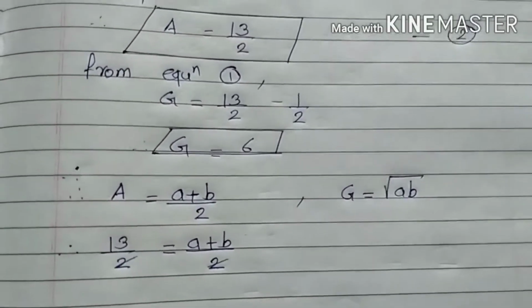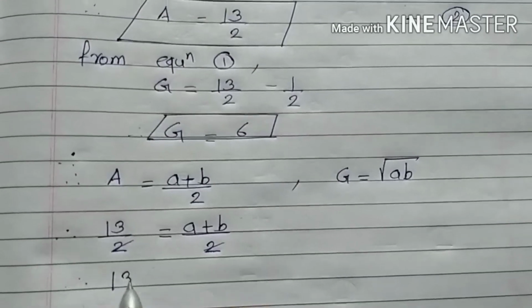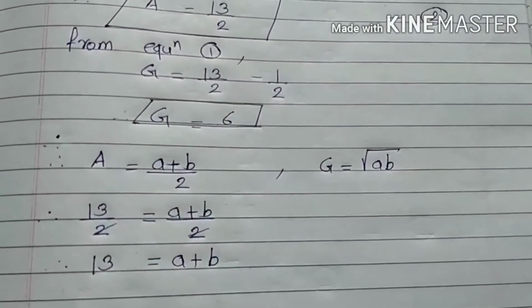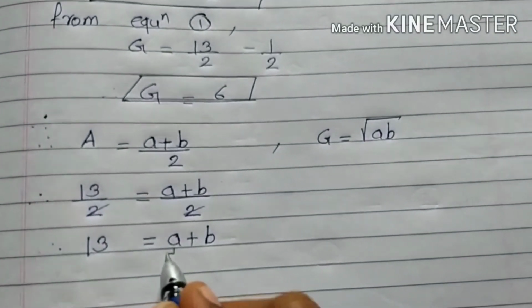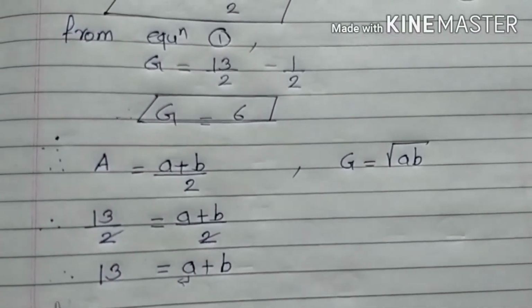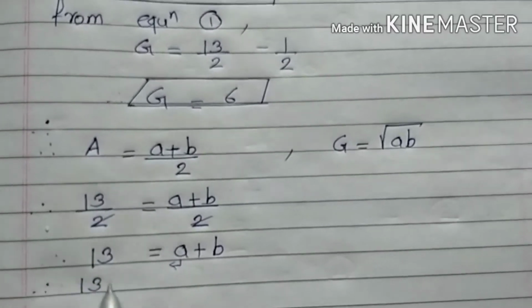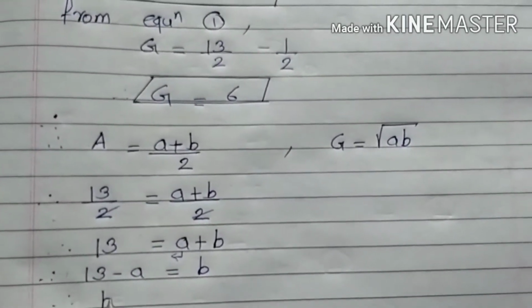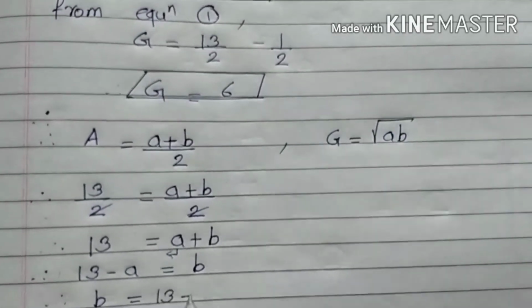This 2 gets cancelled. Therefore 13 is equal to a plus b. So this a goes to the LHS side. Therefore 13 minus a is equal to b, that is, b is equal to 13 minus a.